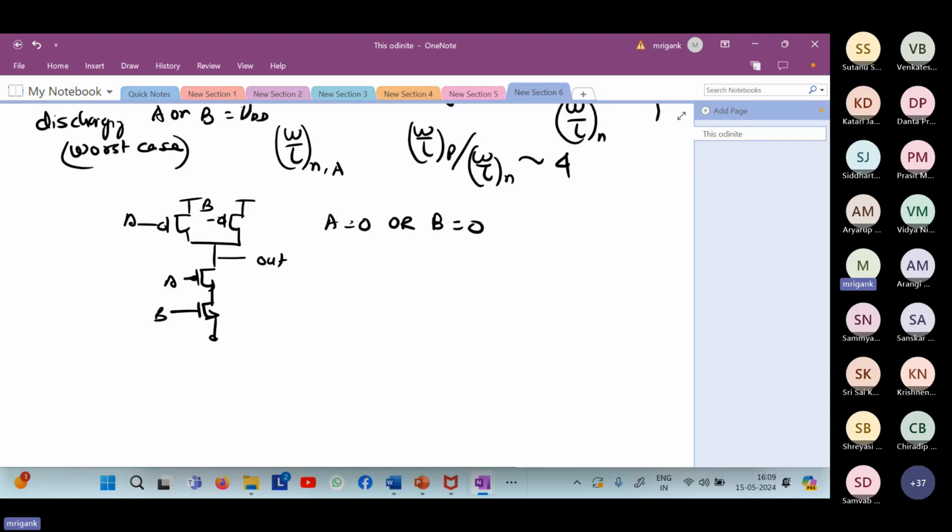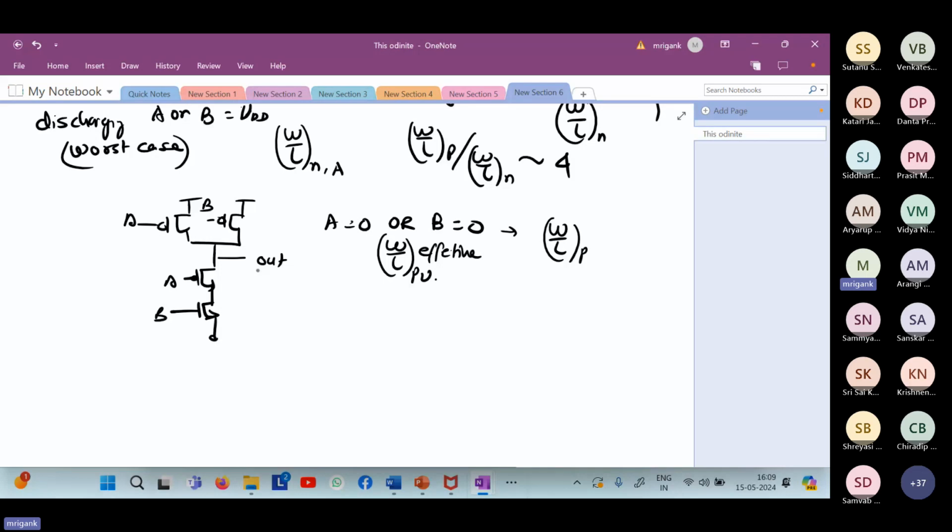This is the worst case pull up because only one of the devices is pulling up. So in this case, the effective W by L for the pull up will be simply W by L of P, because in the worst case scenario, only one of them will be on and charging the output. As a result, effective W by L of pull up network is simply W by L of P.